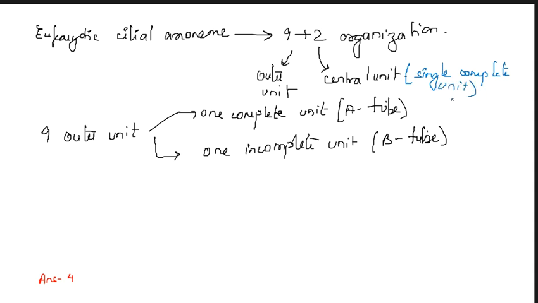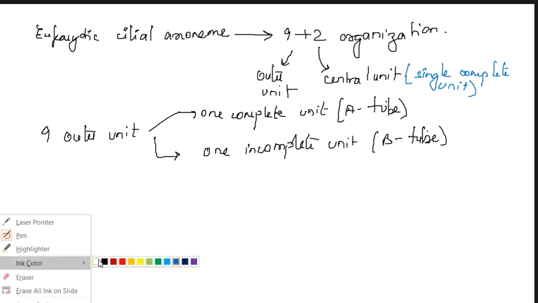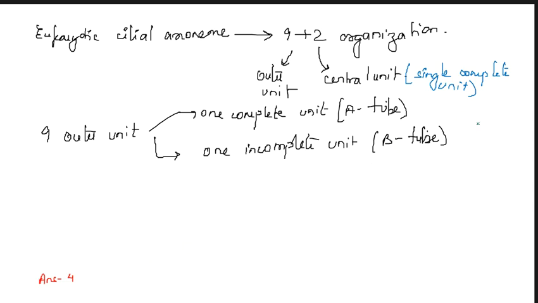Okay, now coming to another part, that is dynein. There are dynein arms which are seen as fuzzy projections from the A tube. I changed the color, so these dynein arms are the fuzzy projections from the A tube.